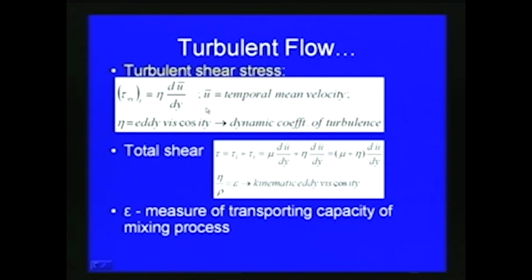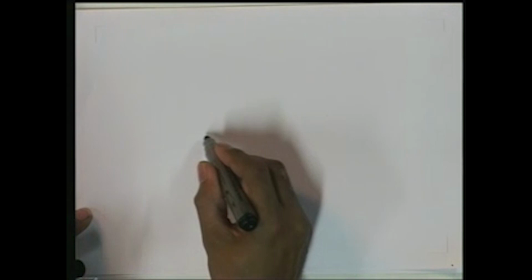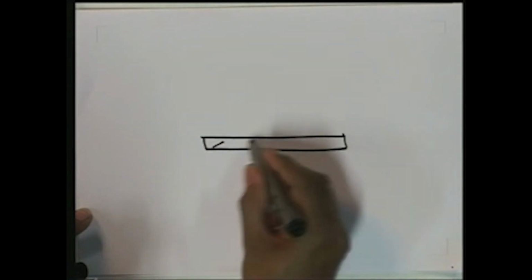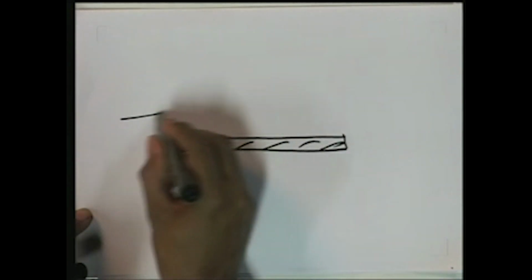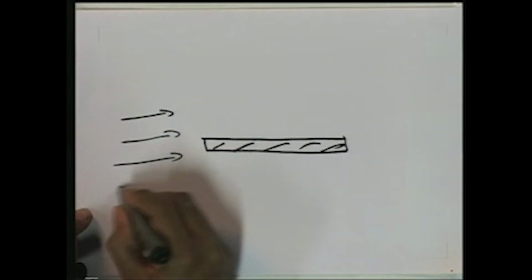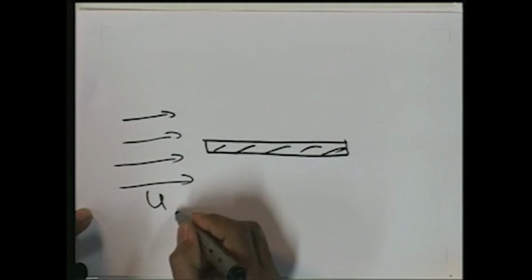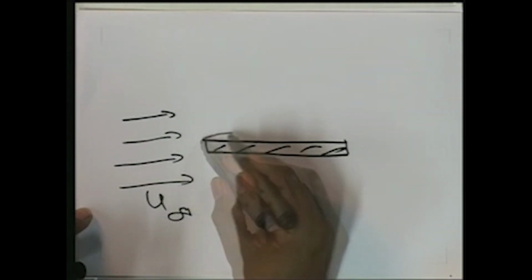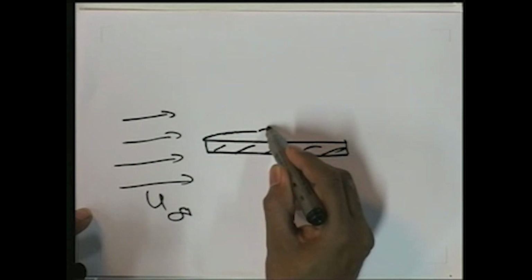Then we have seen that whenever we discuss, for example, a flow approaching a flat plate, let us assume there is a flat plate put like this. If a free stream velocity u infinity is coming, then there is a boundary layer generated.